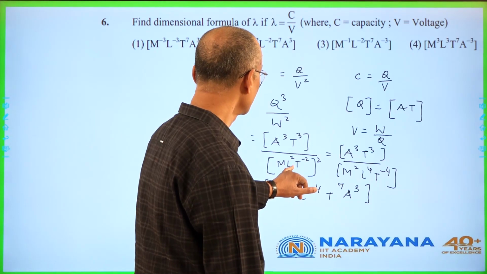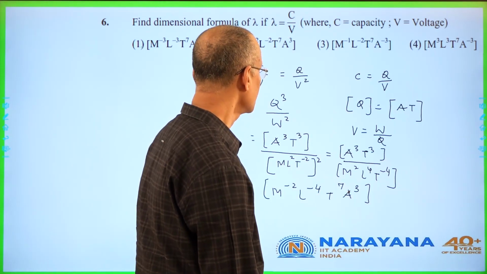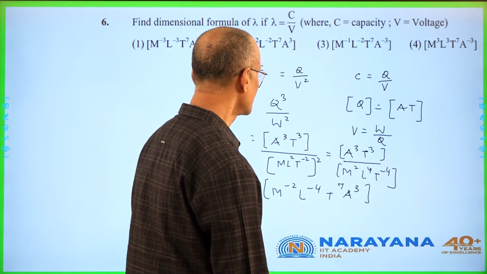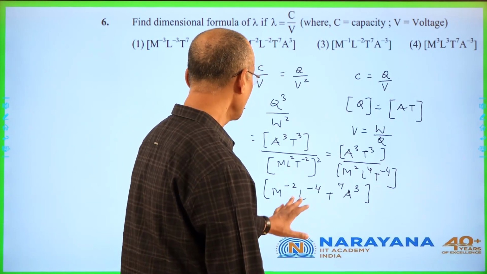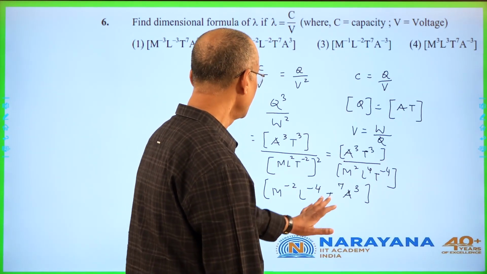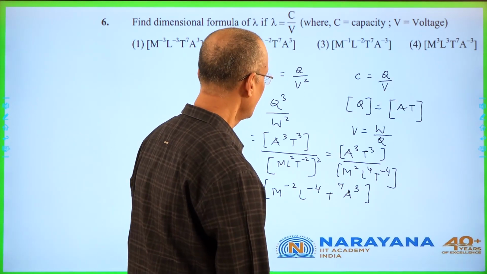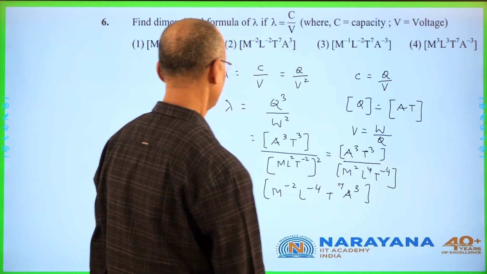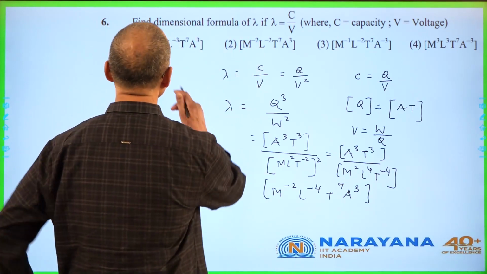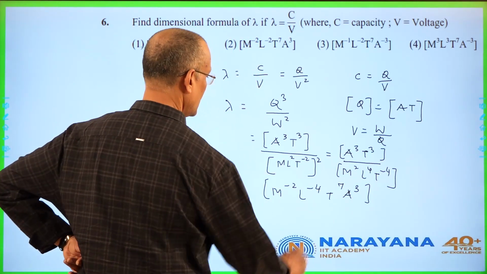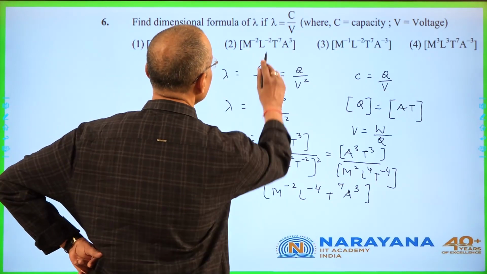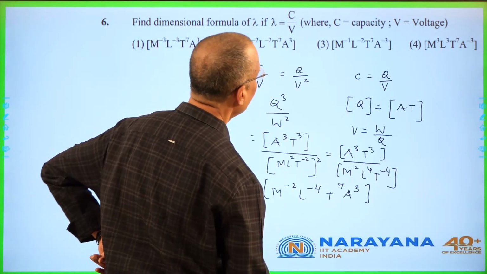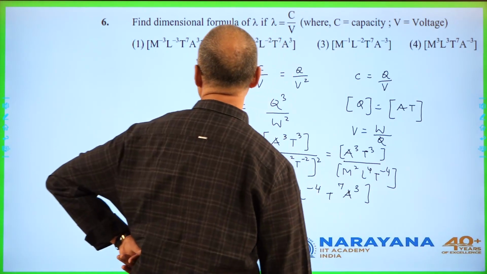M power 2 L4 T minus 4, M minus 2, L minus 4, T power 7 and A cube. So, T7 A cube, L minus 4 anywhere is not there.